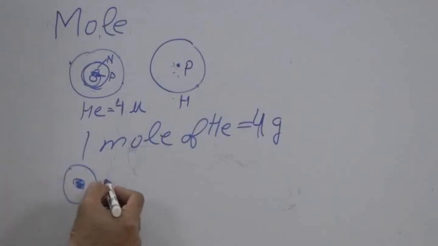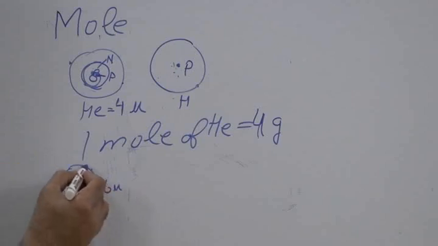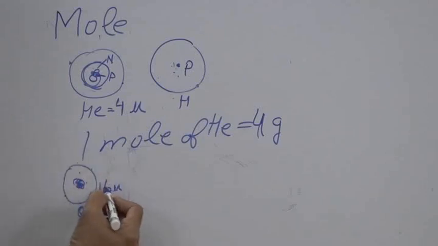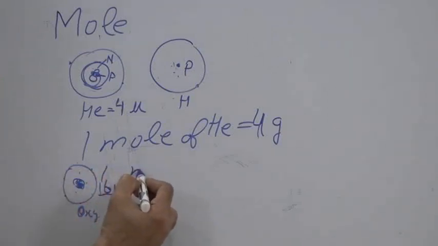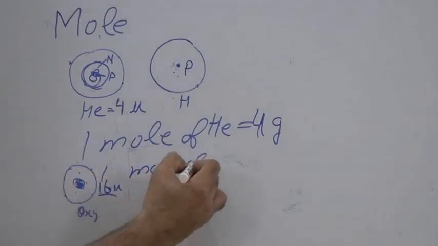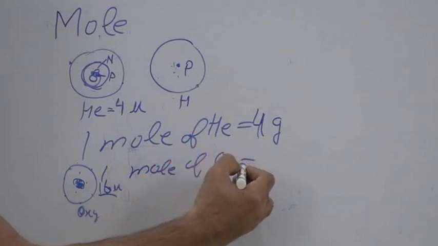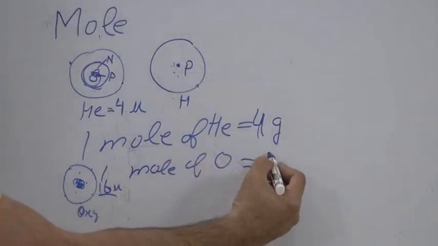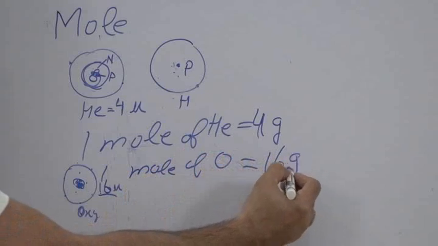Means 16 U approximately. 8 electrons are also there, 2 and 6. We are ignoring that for the time being. We are simply counting. 16 U approximately. Therefore, 1 mole of oxygen atoms would weigh how much? 16 gram.